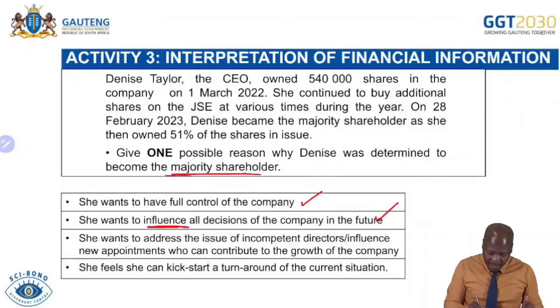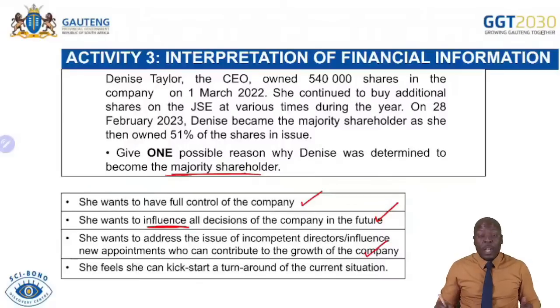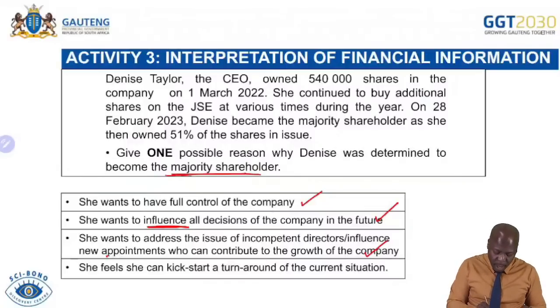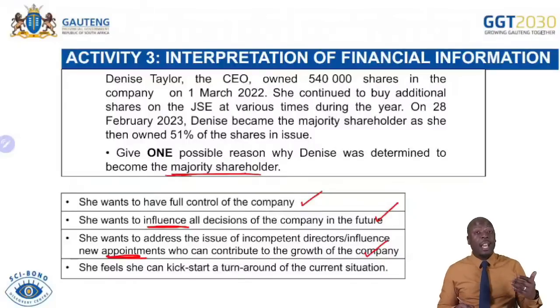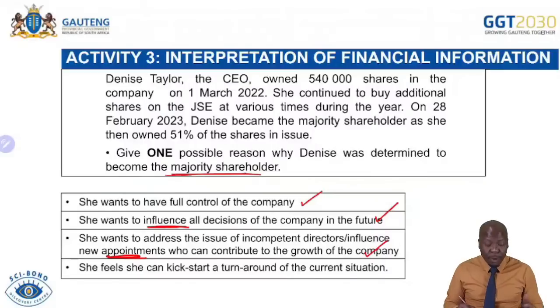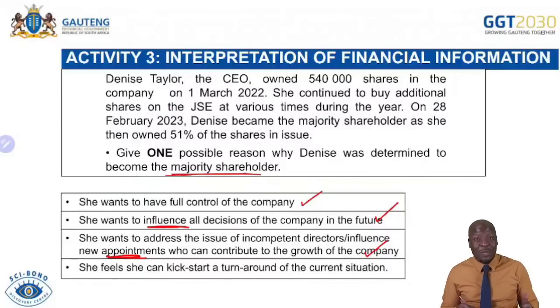She wants to address the issue of incompetent directors, influence new appointments who can contribute to the growth of the company. So if a company is having incompetent directors, as a majority shareholder, you can influence the new appointments of directors who can then have a positive contribution to the company. This is the third reason why she wants to become a majority shareholder.